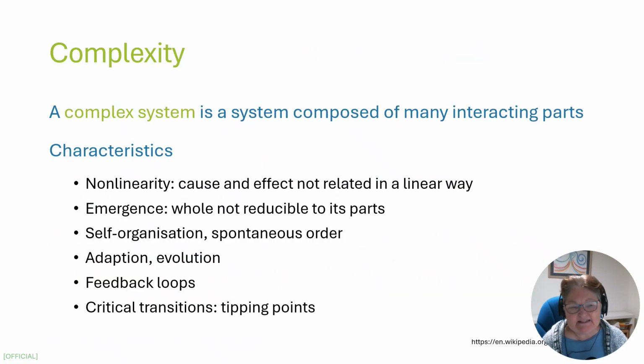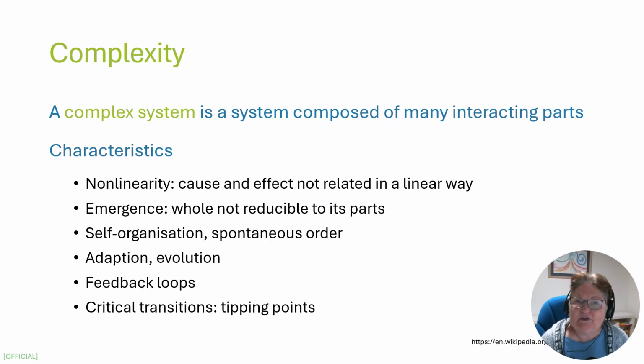Okay, what is complexity? A complex system is a system that is composed of many interacting parts. It has particular characteristics compared to a linear system. It has non-linearity, so you can't see cause and effect in any simple way. You cannot analyze it by looking at each part and understanding each part. You have to understand how the parts relate to each other and how they affect each other. It has a property of self-organization.